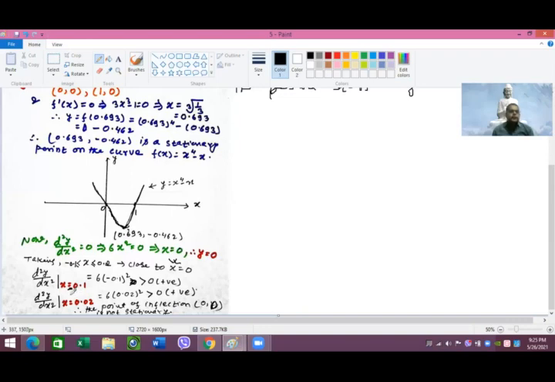So when I put in the negative value, the algebraic sign for the second order derivative is greater than 0, that is positive. And also if I take the positive value, the sign is again positive. So there is no algebraic sign change in the neighborhood of x equals 0. Therefore, you can say that the point of inflection at x equals 0 is not a stationary point of inflection.